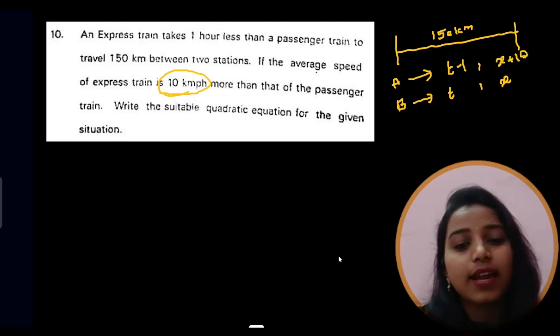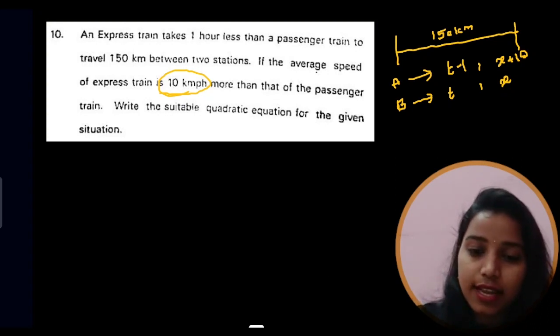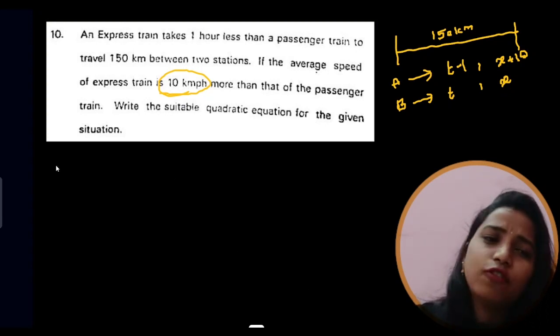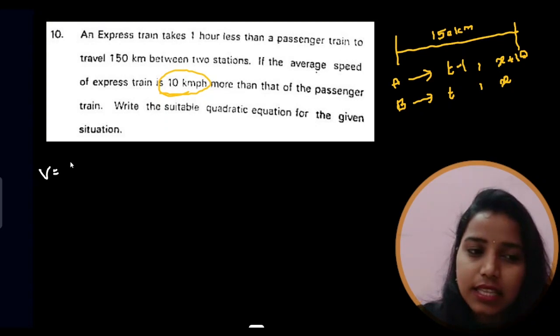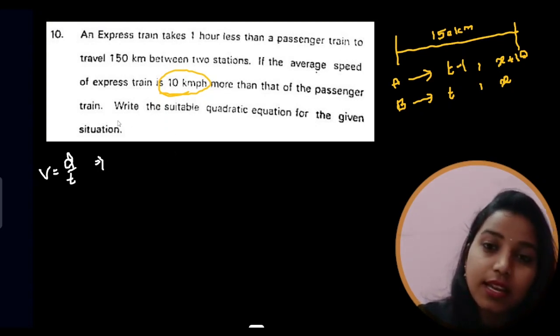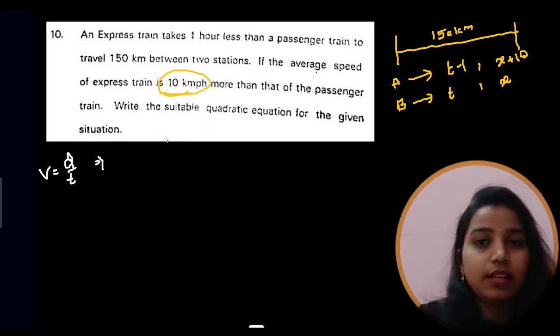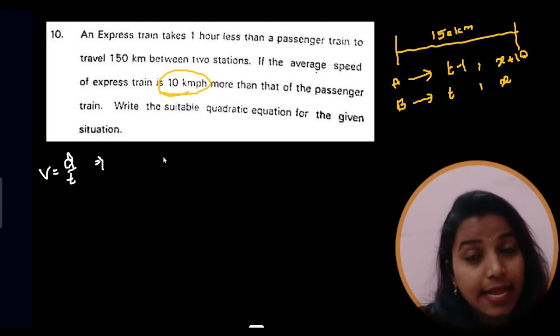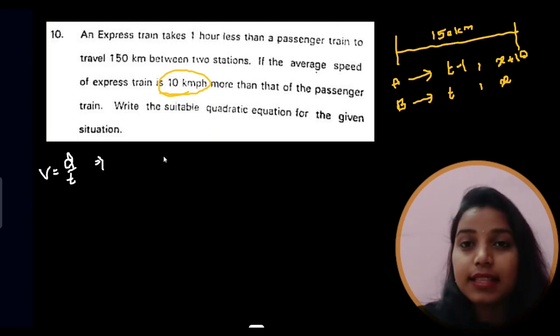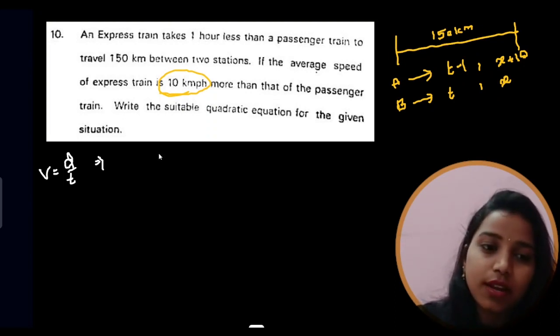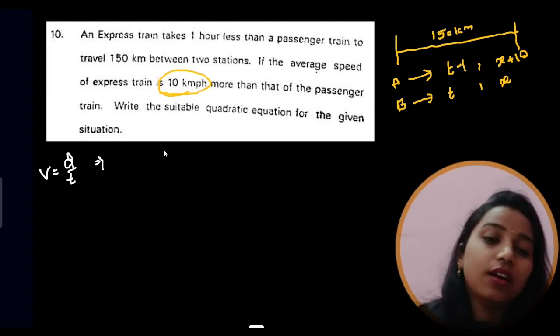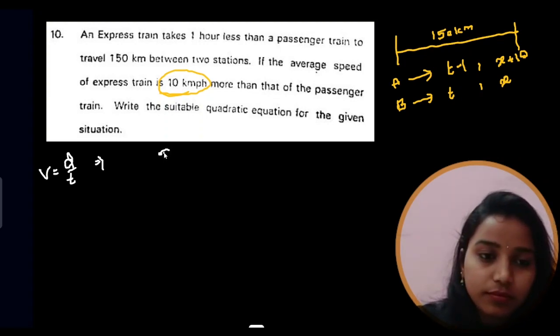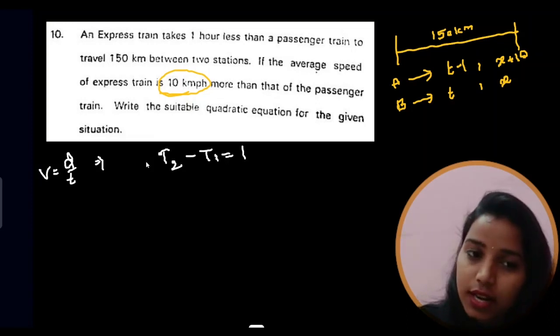Now here I can write the relation like this. Generally, velocity is nothing but distance by time, right? But here he has mentioned that the time taken by the express train is 1 hour less than the passenger train. So that's what I'm writing: T2 minus T1 is equal to 1 hour, right?